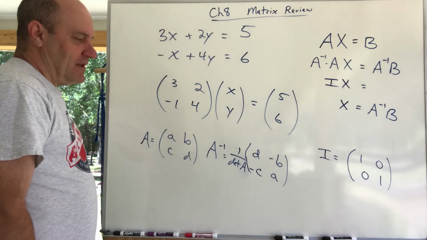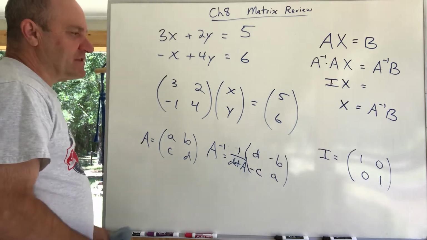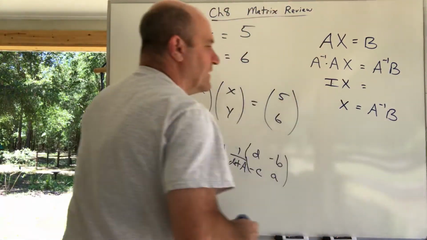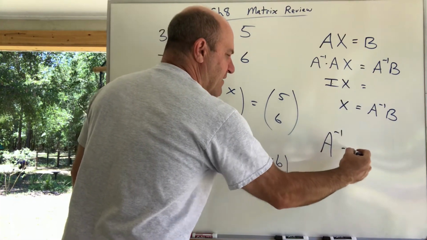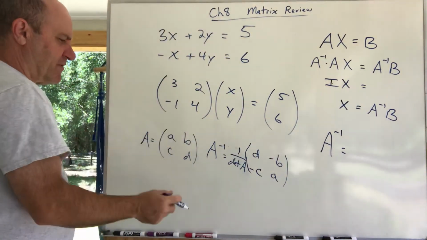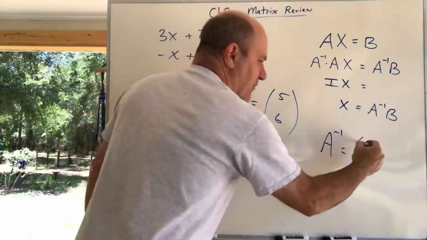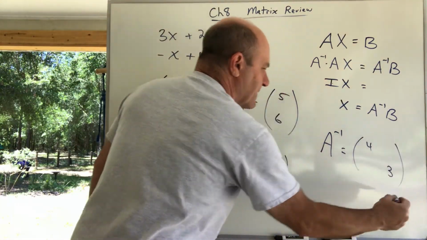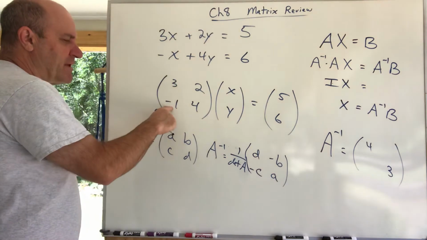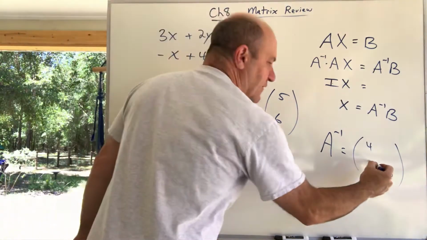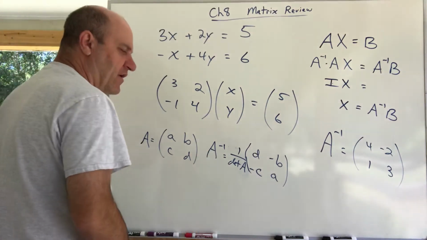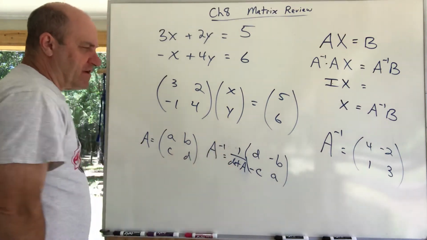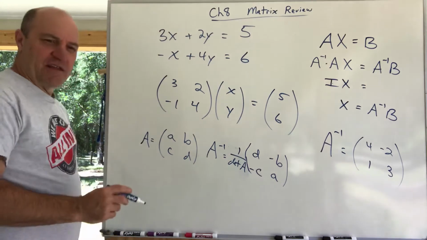Okay, let me try to find A inverse then. So A inverse for this problem is, there's the A right here. Switch those two, so that would be 4 and 3. Negate those two, so they become a positive 1 and a negative 2. And out front, there's 1 over the determinant of A. We did the determinant of this a little earlier.